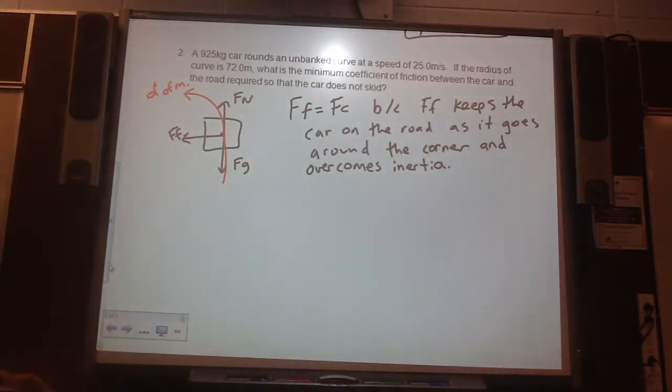Because the car wants to keep going straight, the direction that it was going. So to overcome that inertia, it needs the force of friction to keep it on the road.